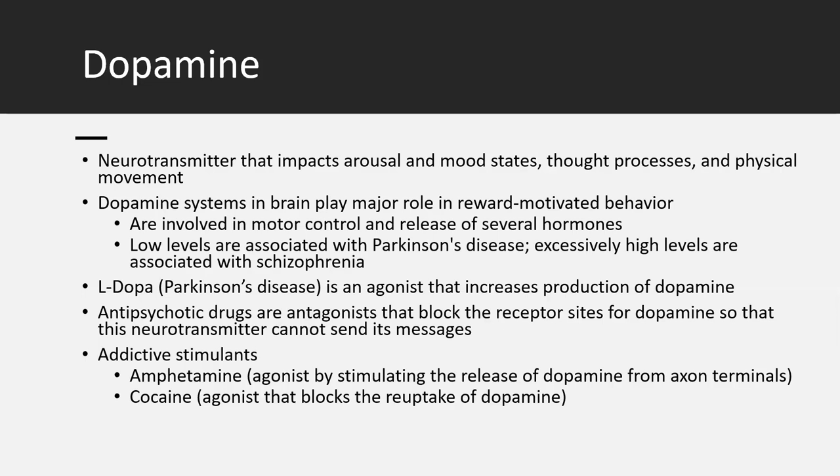In some other ways, other kinds of drugs like amphetamines, including methamphetamine, and cocaine have impacts on the dopamine system, especially the reward system. Some of the stimulants that are addictive, like methamphetamine, amphetamines, and cocaine: the amphetamines are agonists.